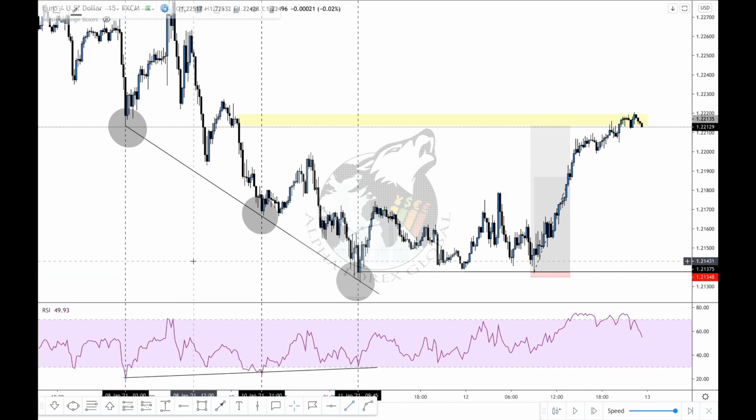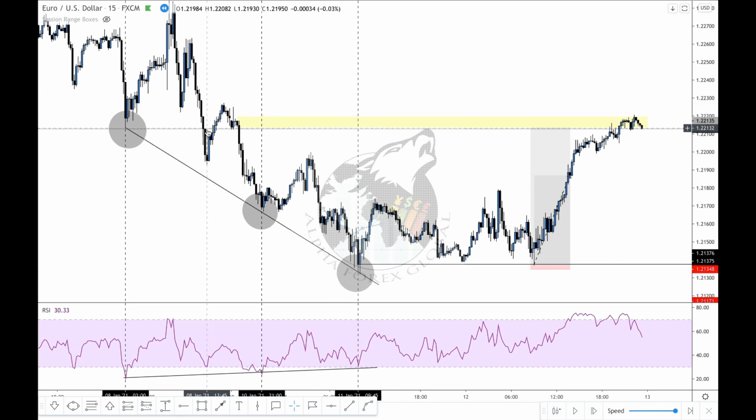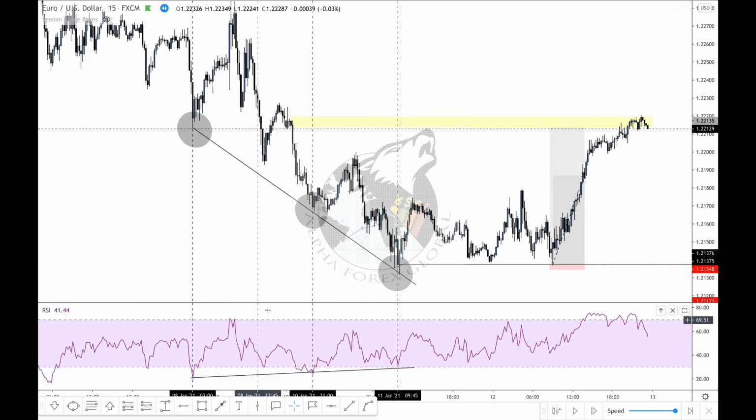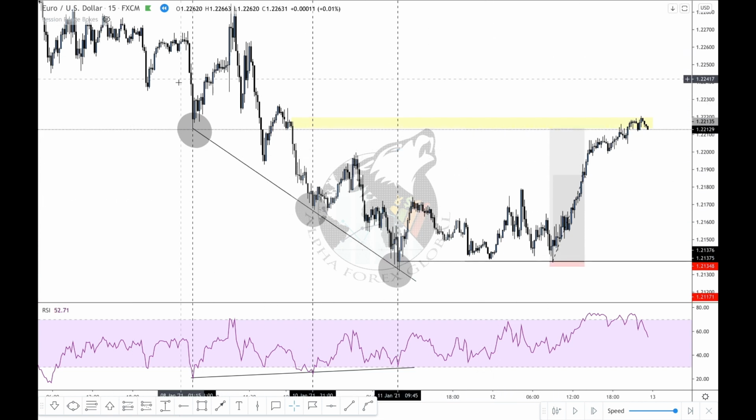So what divergence does is tell you that the trend is weakening, right? This is a downtrend, and the RSI divergence is telling you that this downtrend is weakening and there could be a possible reversal soon.